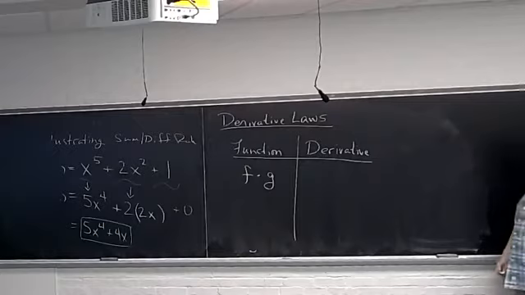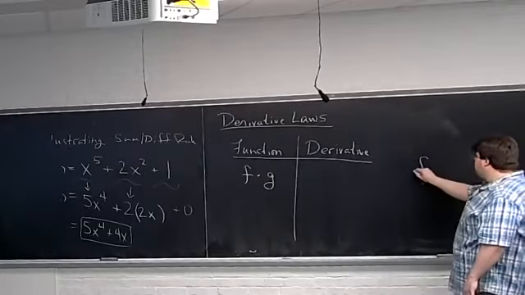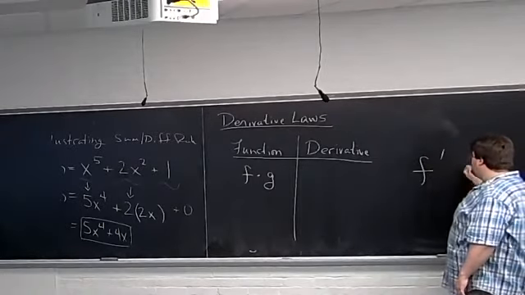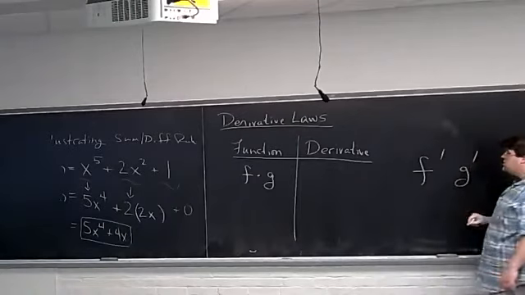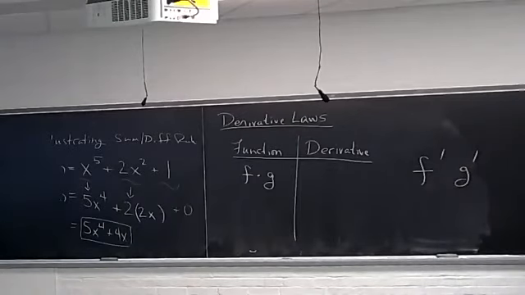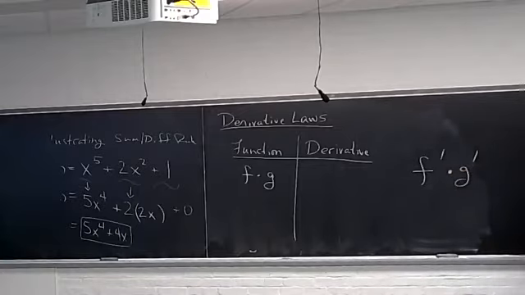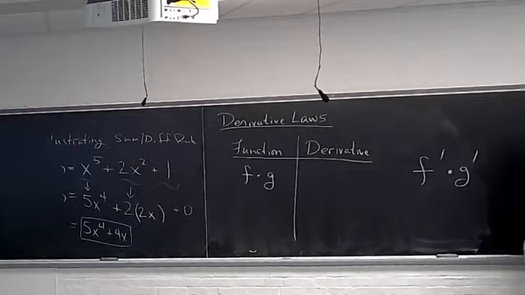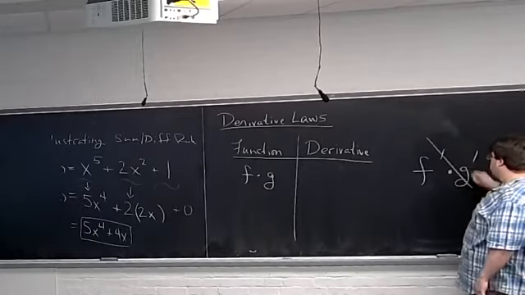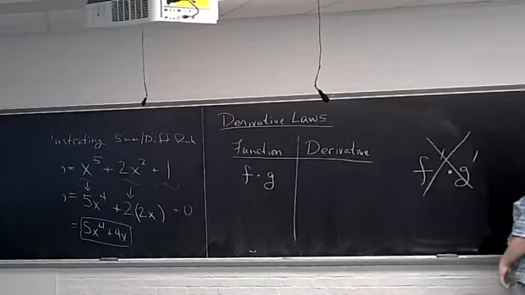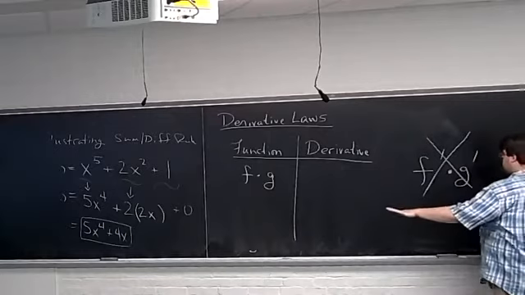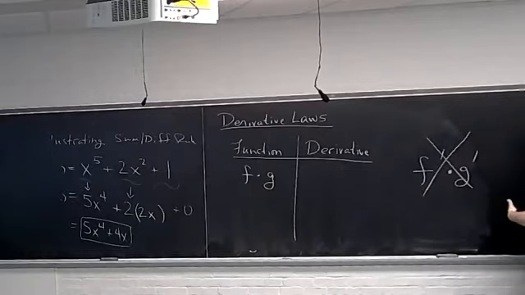Well, I will tell you, with limits, you can do it one piece at a time. With derivatives, you can't. And I will prove this rule; the details are in the proof. But with the derivative of a product, you can't just do the derivative of the first thing times the derivative of the second thing.